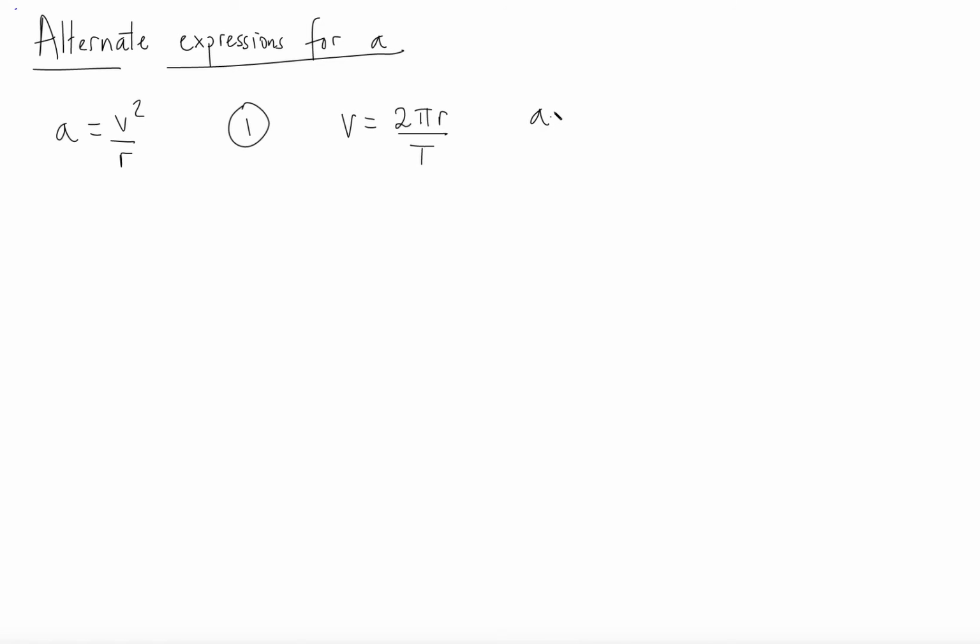So we get a equals 2 pi r all squared over t all squared all over r, which becomes 4 pi squared r squared over t squared r. One of those r's cancels, and we end up with a equals 4 pi squared r over t squared.